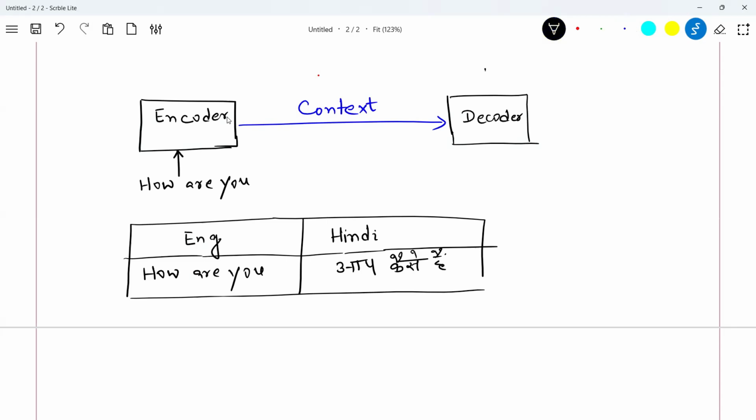And what the decoder will do is, it will try to generate the output आप कैसे हैं. So this is a simple encoder to decoder architecture, and the transformer is also an encoder decoder architecture. At a very high level, if the task at hand is language translation, we give the input sentence and the encoder encodes that, sends a context vector, the decoder decodes that and generates the final output.